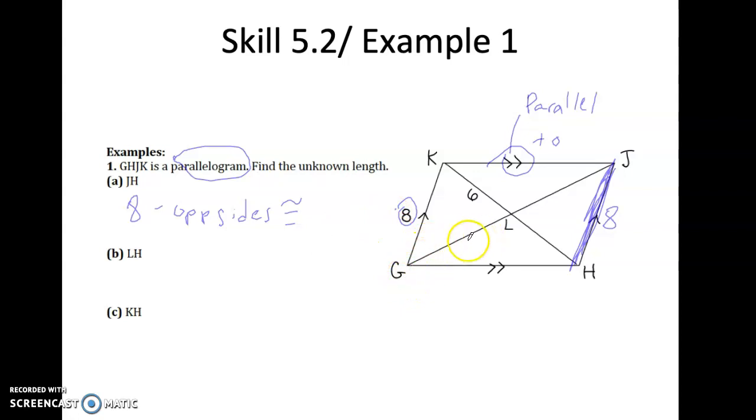Now we're going to do LH. I'm just going to go back to red on this one. We're going to go from L to H. So the comparable piece in the diagonal, this is diagonals bisect each other. That's the property that we're going to use.